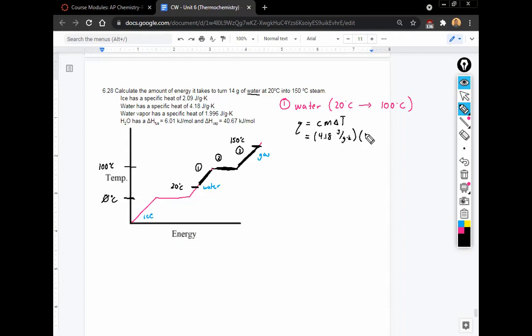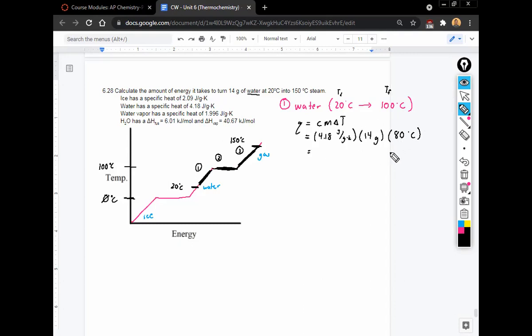The mass of water that we have is 14 grams. And then for our change in temperature, what's going to be our change in temperature? Yeah, 80. Since we're going from 20 to 100, our final temperature, the TF, is 100, and our TI, initial temperature, is 20. So it'll be 100 minus 20, which will be 80 degrees Celsius. So I want you guys to take a minute.